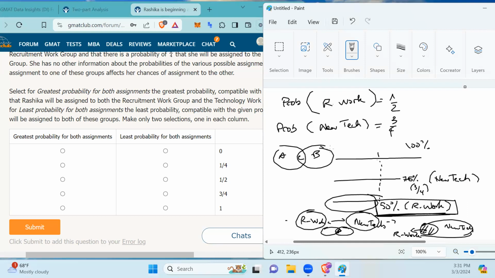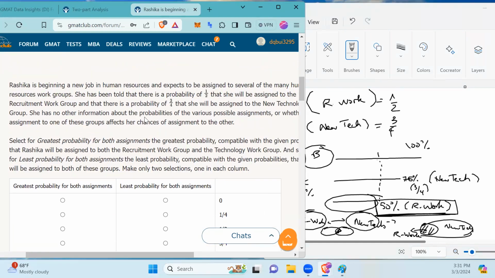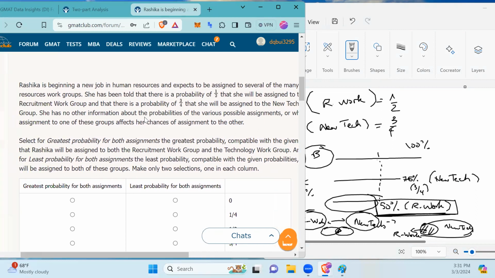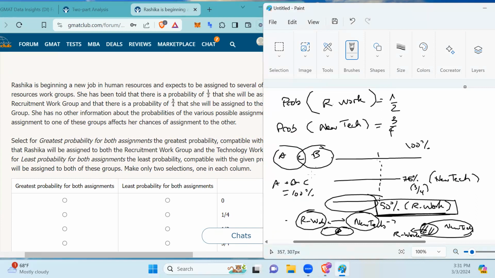So A plus B plus C equals 100%, if there is no chance that she will not get assigned to any. And then A plus C equals recruit, which equals 50%.